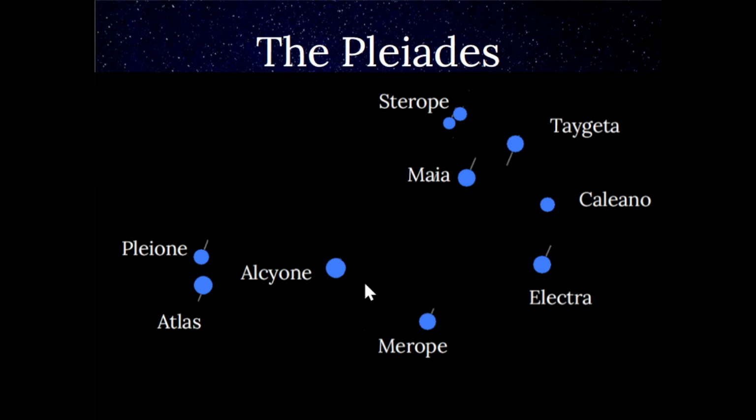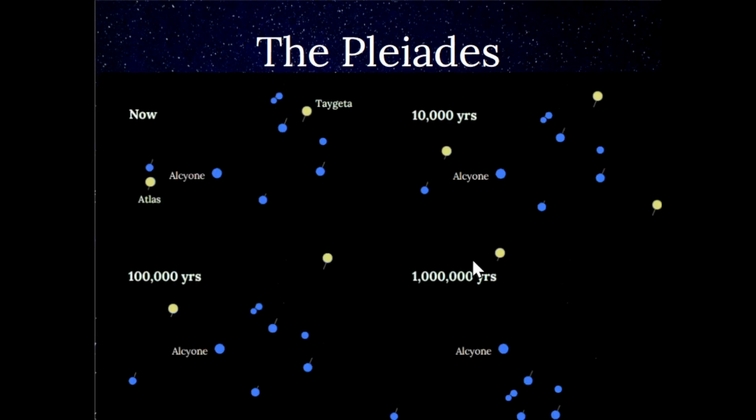So what we have here is Alcyone is now stationary, and this represents the movement of the stars relative to Alcyone, and you can see that Atlas is going up, Pleione is going down, Taygeta is going up, Maya is going down. So I have coloured Atlas and Taygeta yellow.